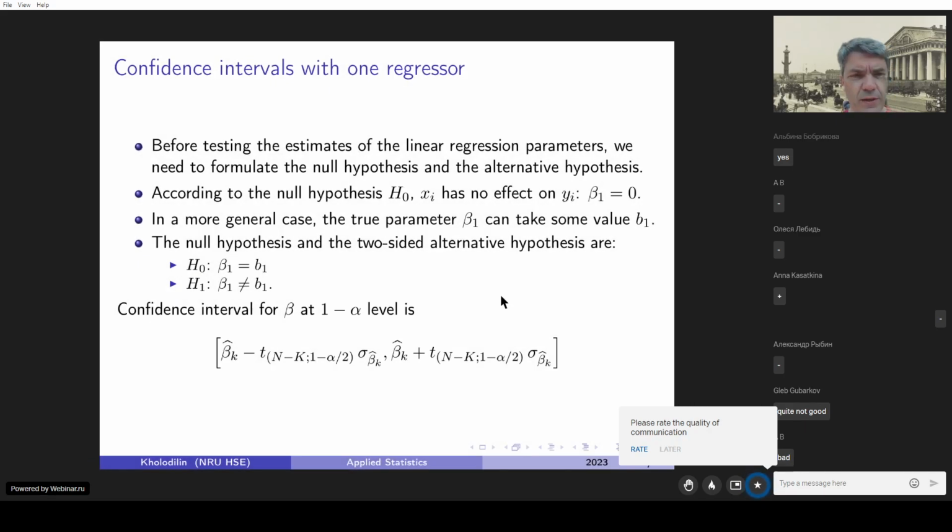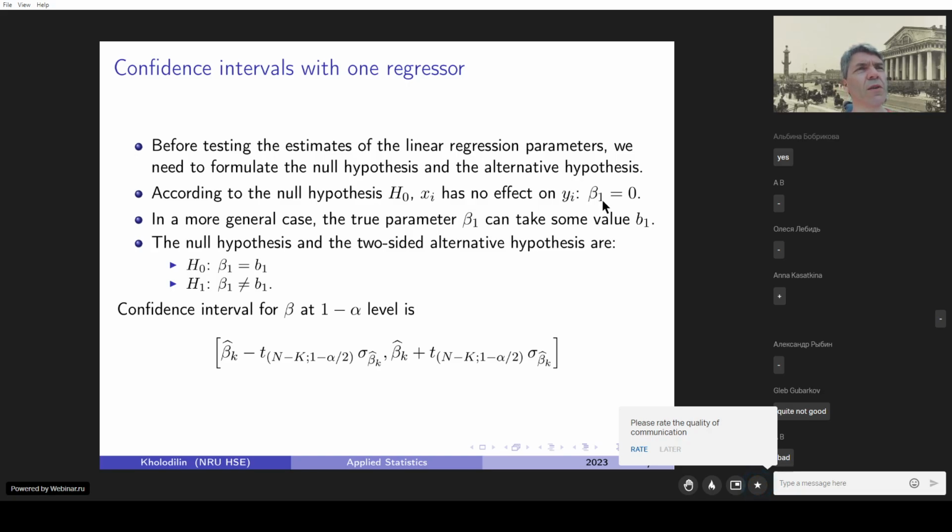So how to construct the confidence intervals? In this case, we construct these intervals using some null hypothesis. For example, we concentrate only on coefficient beta 1 because it's the one coefficient that is of utmost interest.